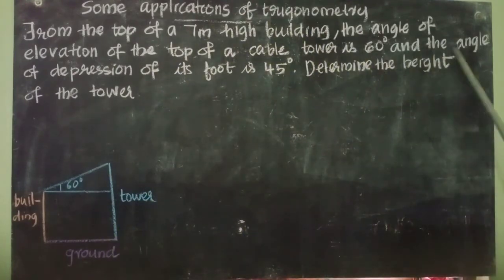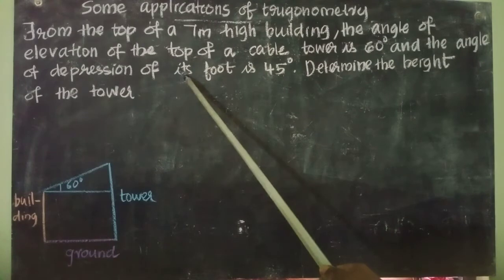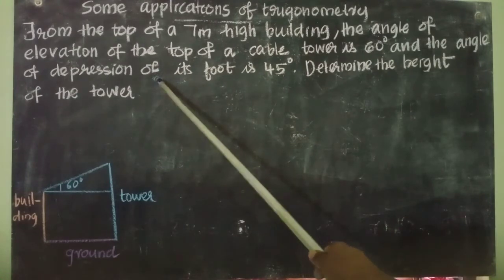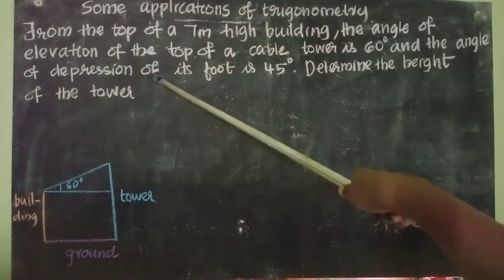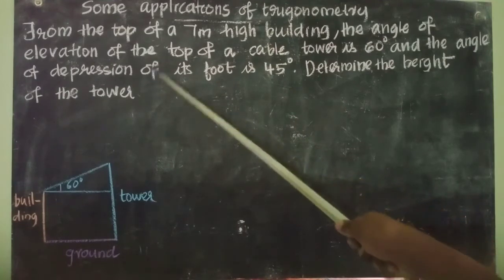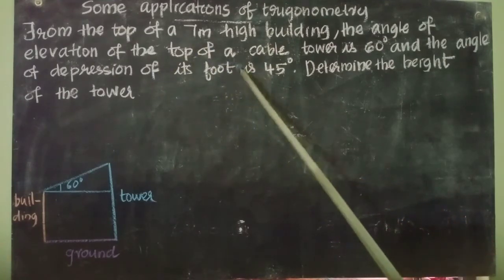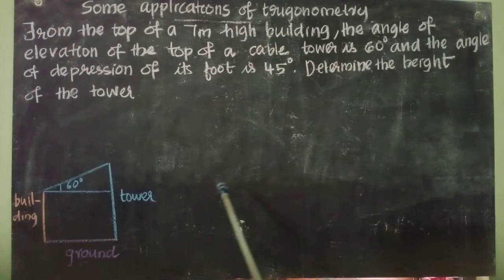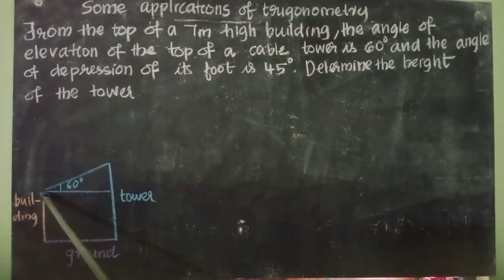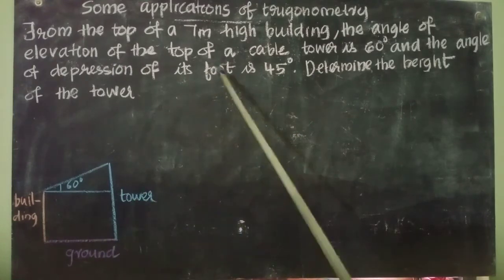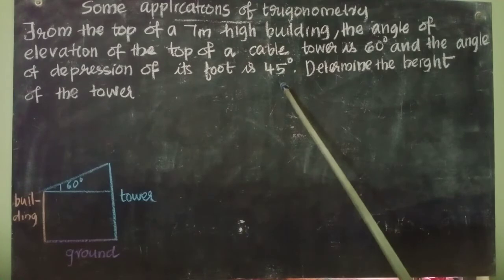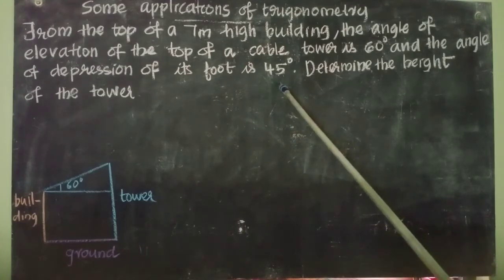Then it is given the angle of depression. Angle of depression is formed when a person is looking down. Angle of depression of its foot is 45 degree. From the same position, the person is looking to the foot of the tower at an angle of depression of 45 degree.